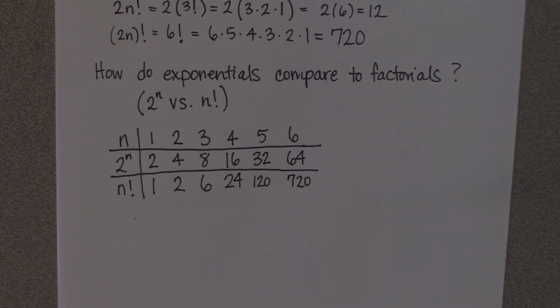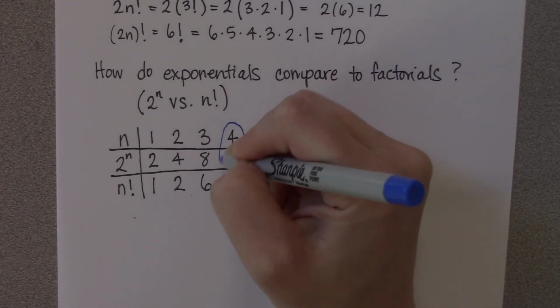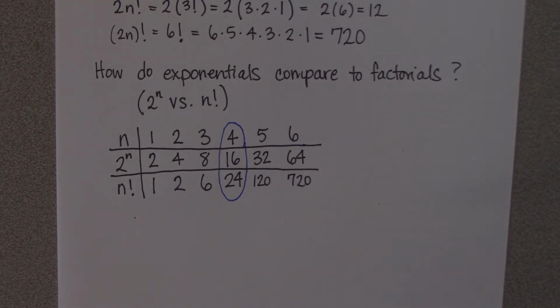So this is what I was getting at earlier. Once you cross the 4th term of the sequence, if these were 2 sequences we were looking at, the factorial overtakes the exponential. So when they're small, factorials get really small, and then they start growing very rapidly.